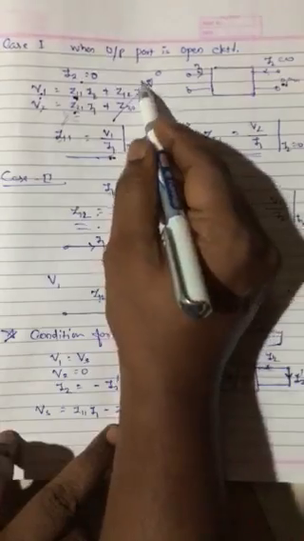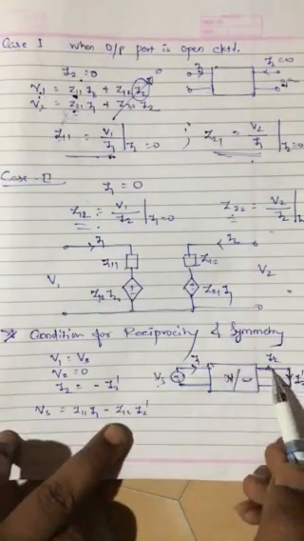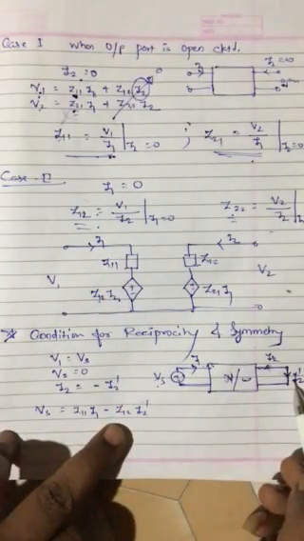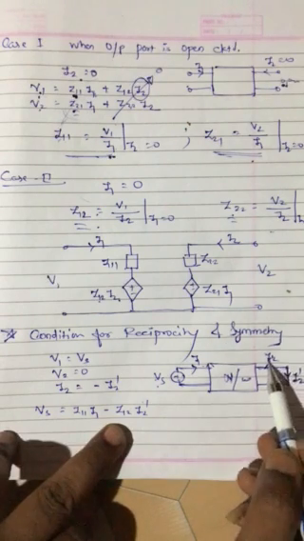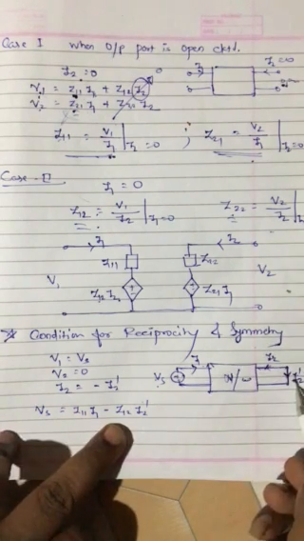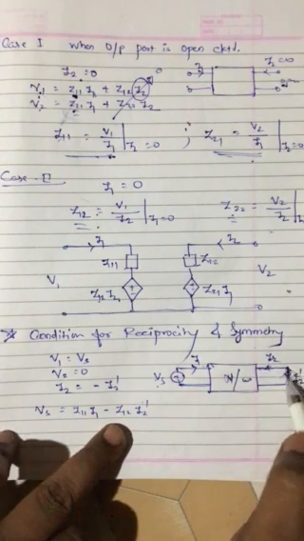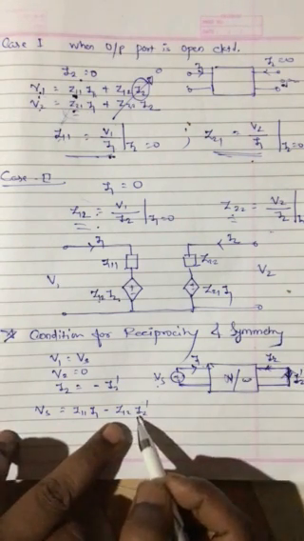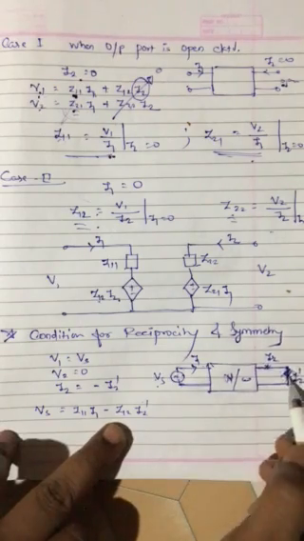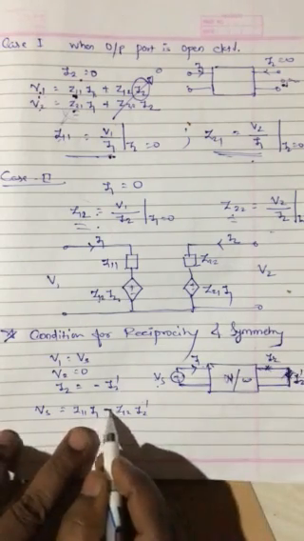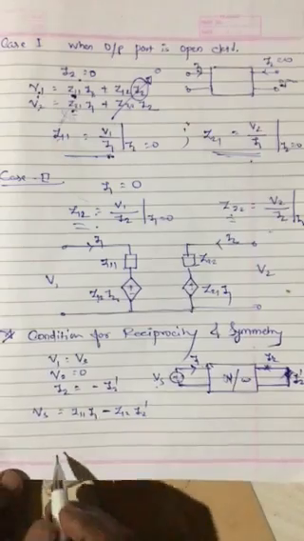Here, instead of V1 I have written Vs. But as we can see here, I2 is in opposite direction, right? So instead of I2 I can write minus I2 dash because it is in opposite direction. If the direction was in this direction, I would have written I2 dash only, but as the direction is opposite to this, I will mention a minus sign over here. So this is how this new equation is introduced.